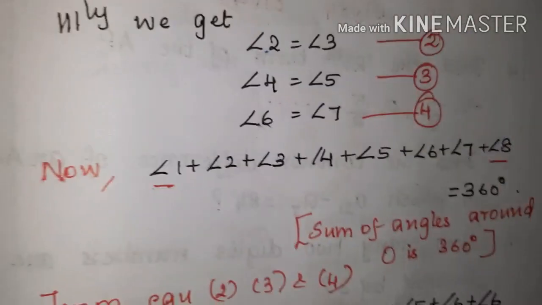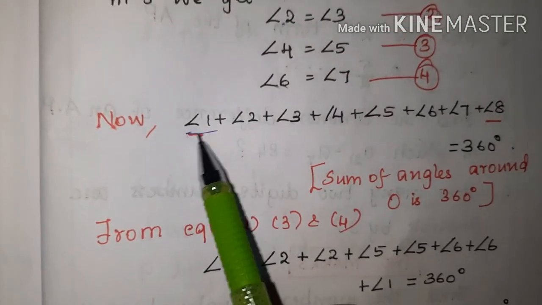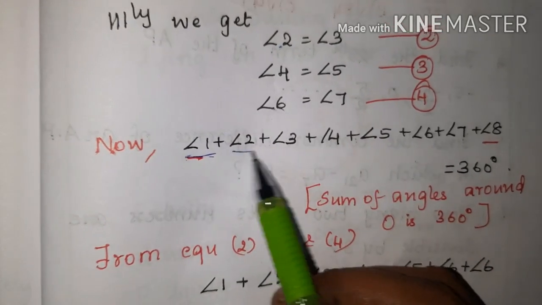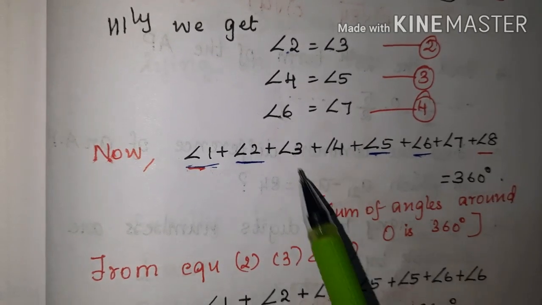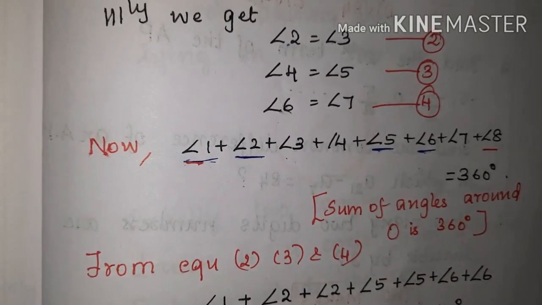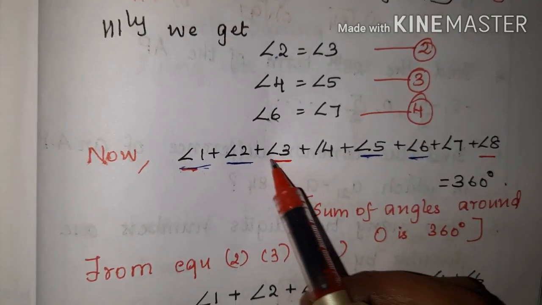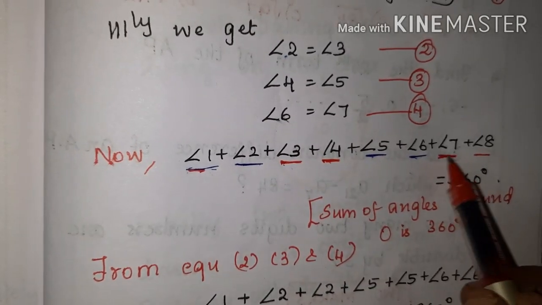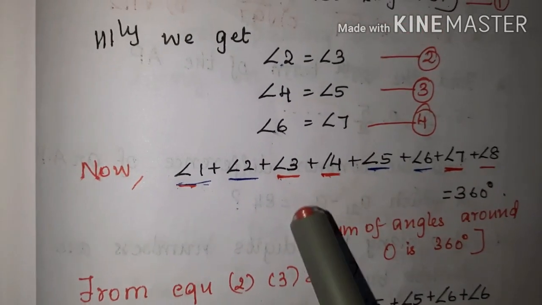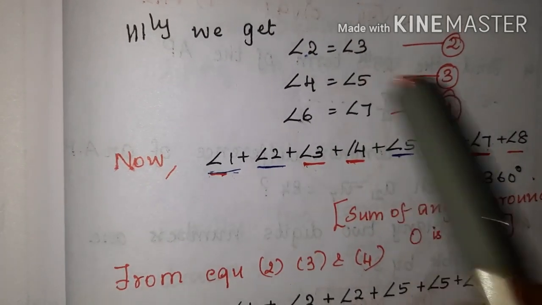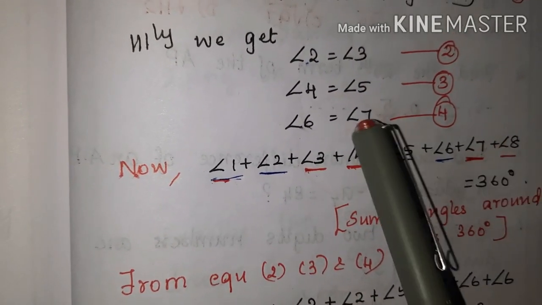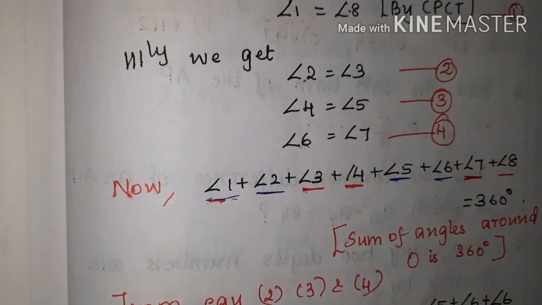So now you keep angles 1, 2, 5, 6 as they are, and the remaining angles you are going to change. That is angle 3, angle 4, then angle 7 and angle 8 you are going to change. You are going to replace angle 3 by angle 2, angle 4 by angle 5 and angle 7 by angle 6. Okay children.